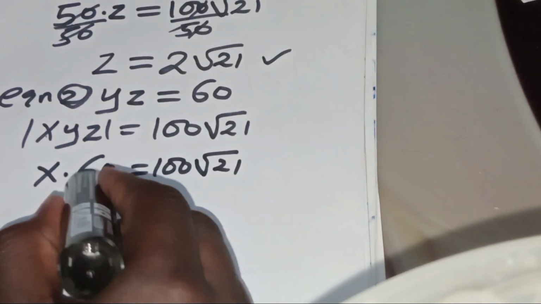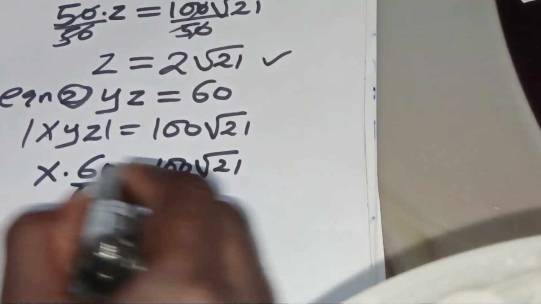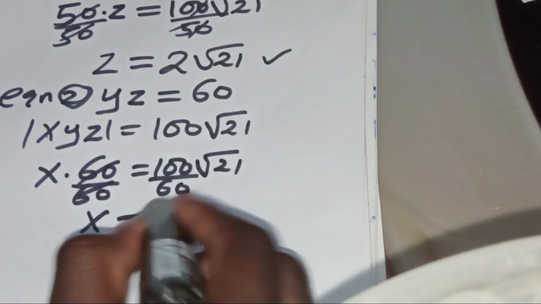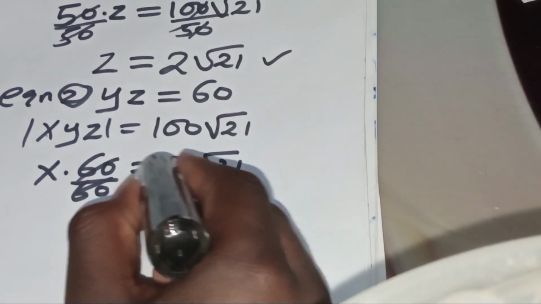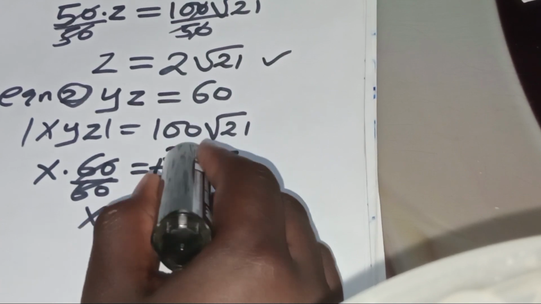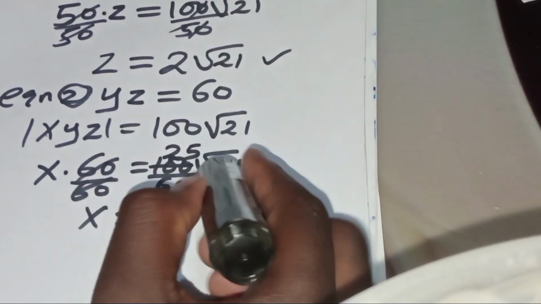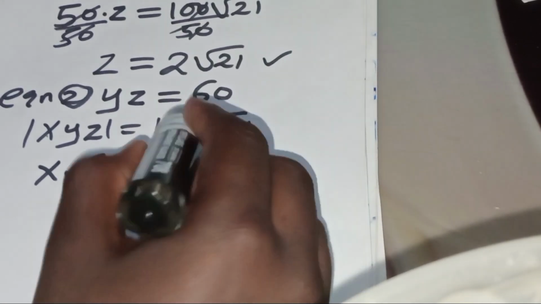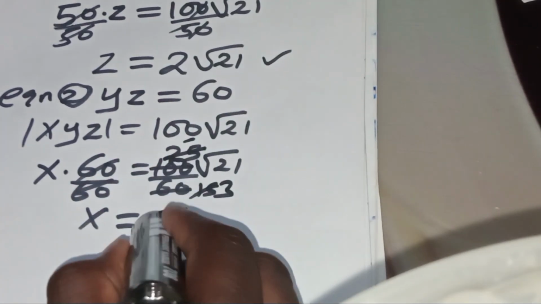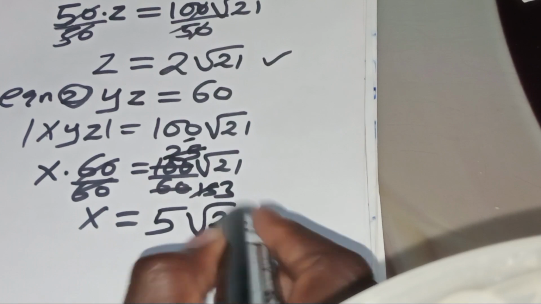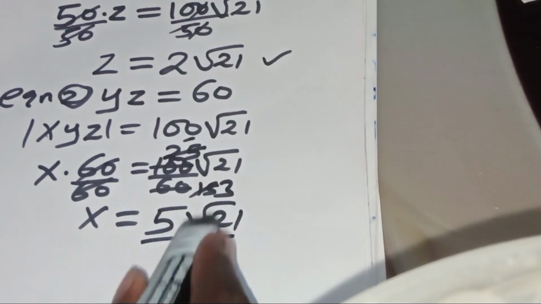We divide both sides by 60 and simplify: dividing by 4, 25 and 15, then by 5, 5 and 3. So x is equal to 5 square root of 21 divided by 3.